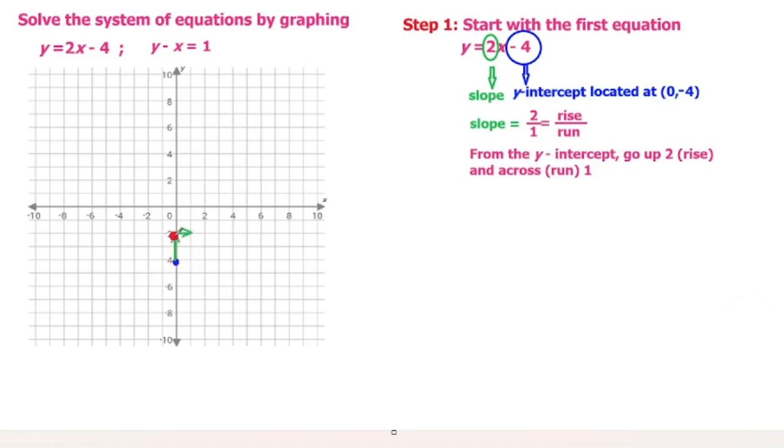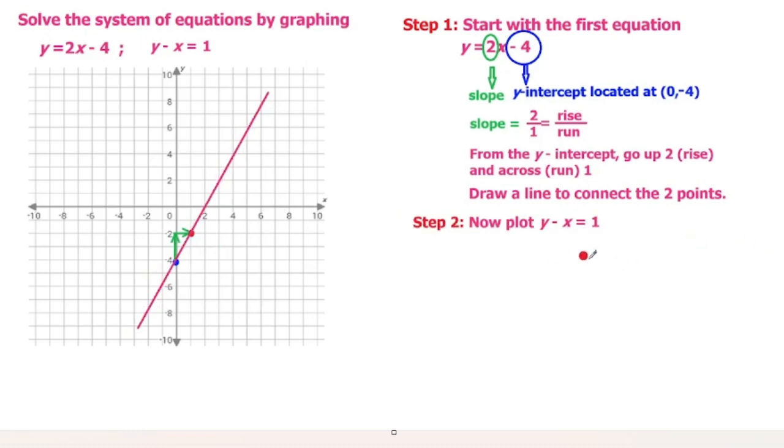Rise 2, run 1 across, and that's our point. Now we can draw a line to connect the two points that we've made, our y-intercept and the point from our slope.